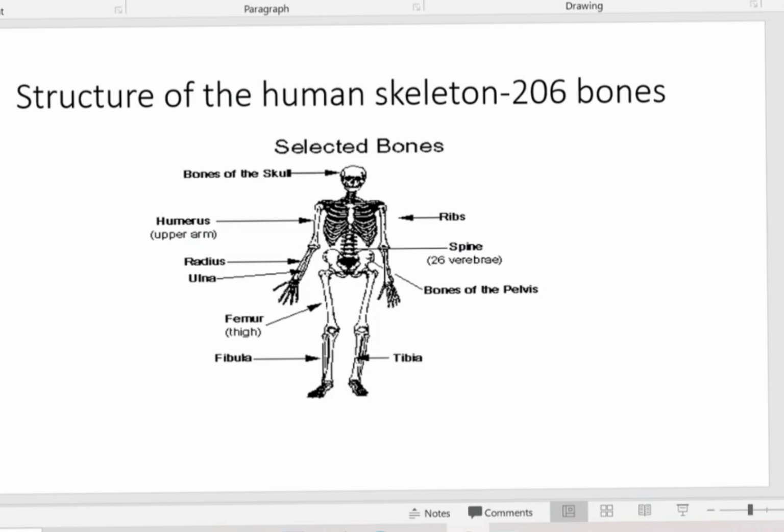Look at the structure of the human skeleton. There are 206 bones. These bones in our body make up a framework called the skeleton or skeletal system.